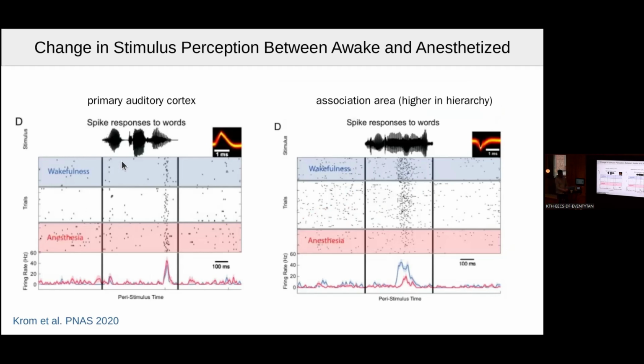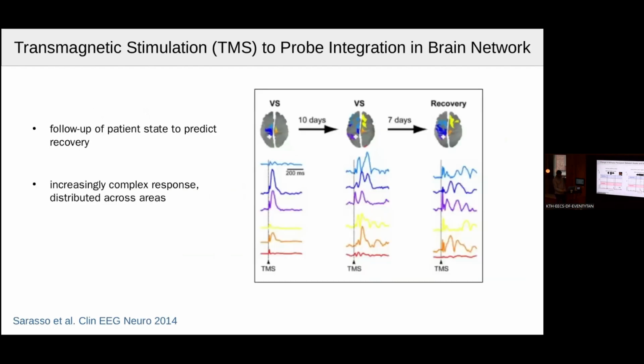If you look at the response, for example, in the primary auditory cortex to some sound, you don't have a difference between people in wakefulness and people in anesthesia. You've got the same peak. But if you go to the next area, the association area in the auditory pathway, then you've got a clear difference between people awake and anesthetized. So you've got a difference in the propagation of the signal in the network for this kind of data.